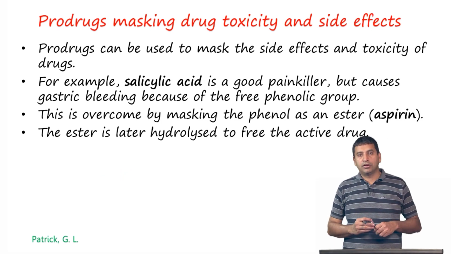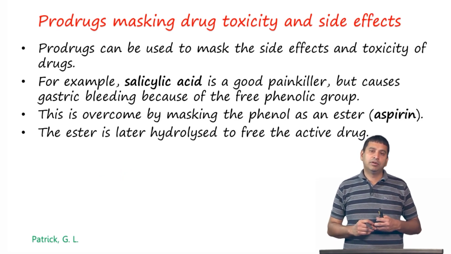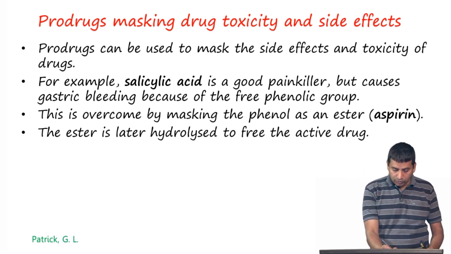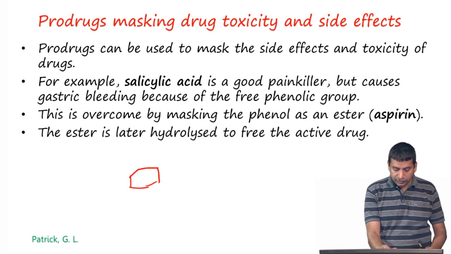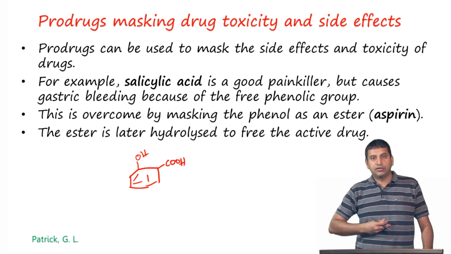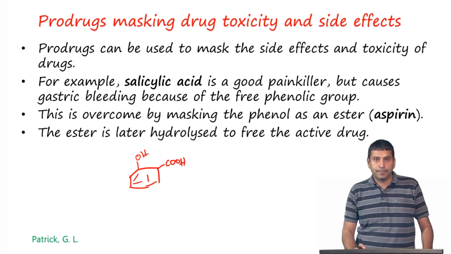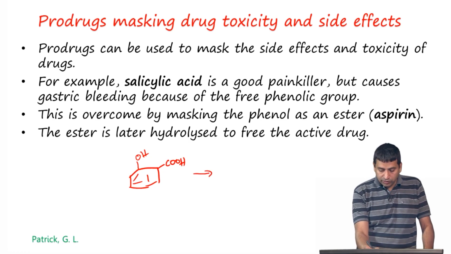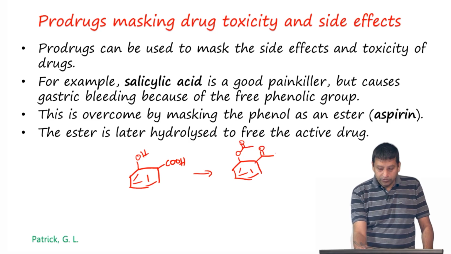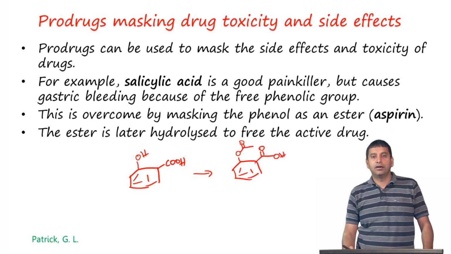Another major success with prodrugs is to reduce drug toxicity and side effects. For example, we all know that salicylic acid is an excellent painkiller, but once it is consumed, it causes gastric bleeding. So, it is converted to aspirin, which is acetyl salicylic acid, a prodrug.